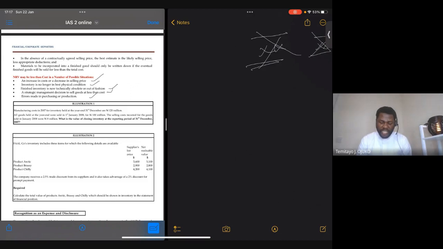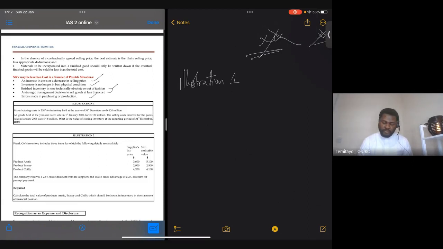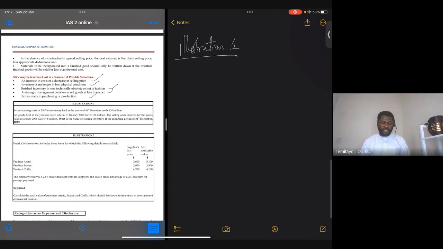So with that in mind, we'll quickly look at an illustration for the valuation of inventory. Now, illustration one, I'll read. Manufacturing costs in 2007 for inventory held at the year end, 31 December, are 120 million naira.